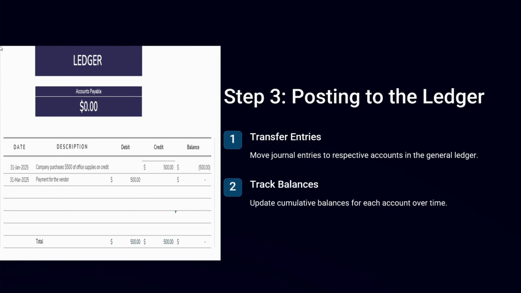Think of the ledger as a table for tracking each account's activities and balance over time. We have an example for the transactions for accounts payable. We have seen before the first transaction, which is the company purchasing 500 of office supplies on credit. This is the journal ledger account for accounts payable.